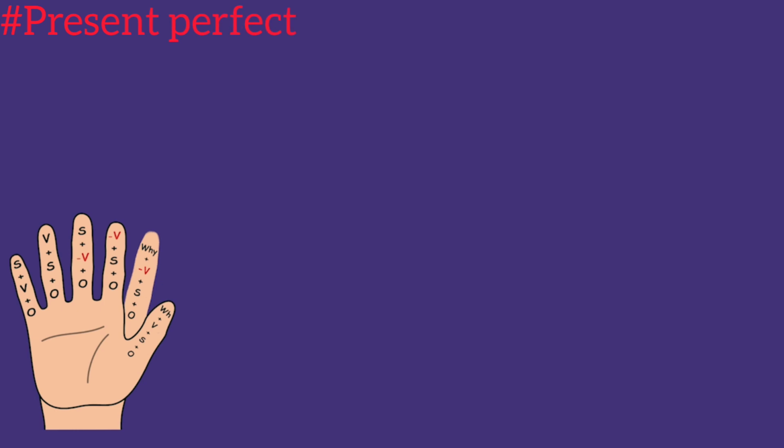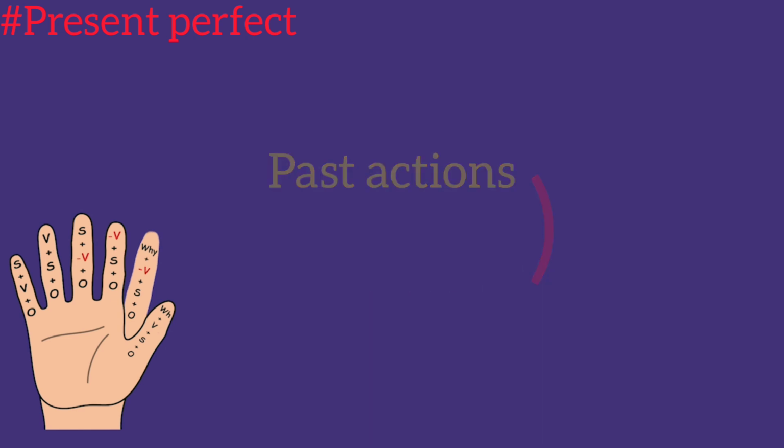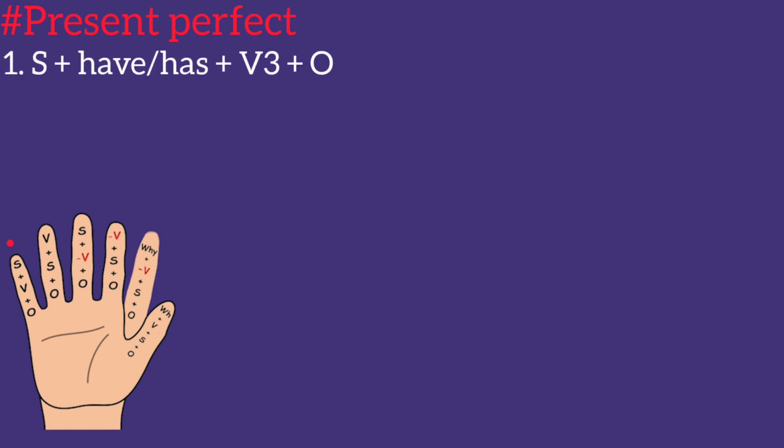Then comes present perfect tense. If we give life to the past actions in the present, it is called present perfect tense. Its formula is subject plus have or has plus V3 plus object.